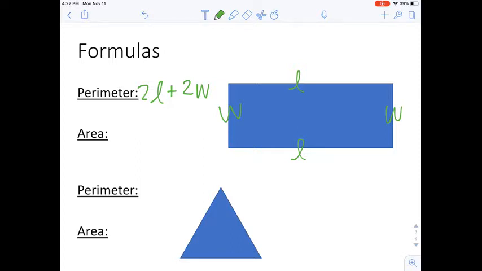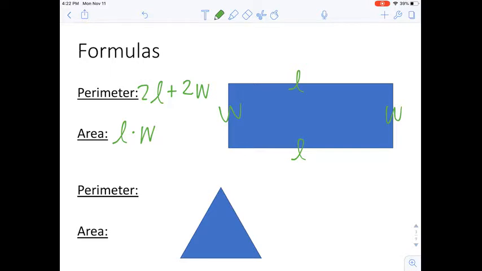For area, we multiply those together. So area is length times width. You might also see the area of a rectangle as base times height.